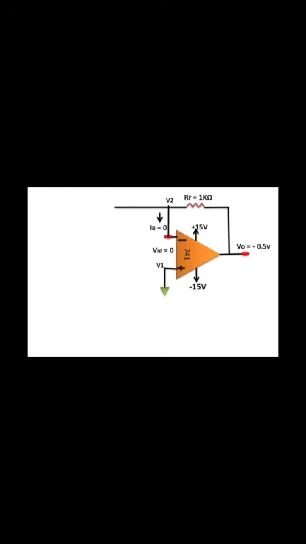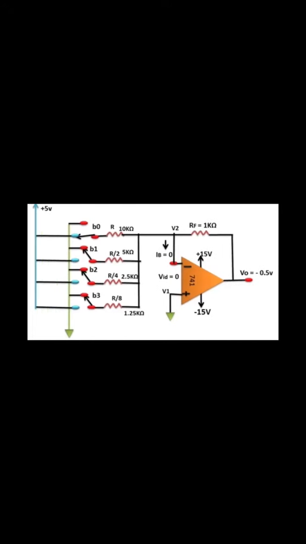Here you can see a circuit diagram of a DAC using an op-amp and binary weighted resistors. Although in this figure the op-amp is connected in the inverting mode, it can also be connected in the non-inverting mode.